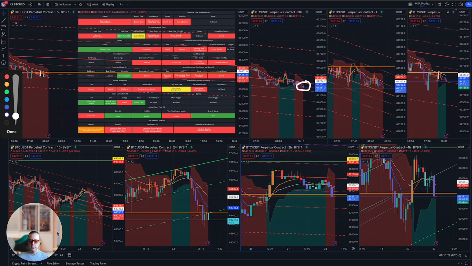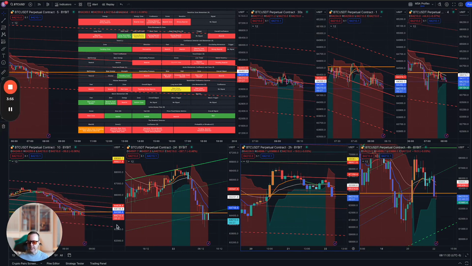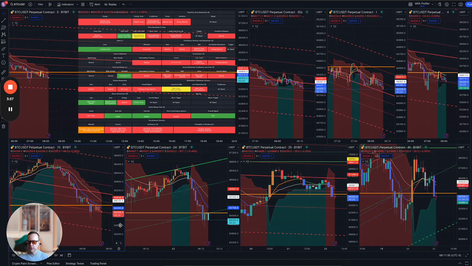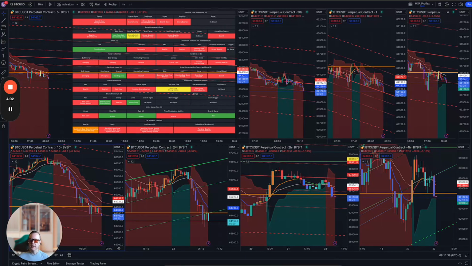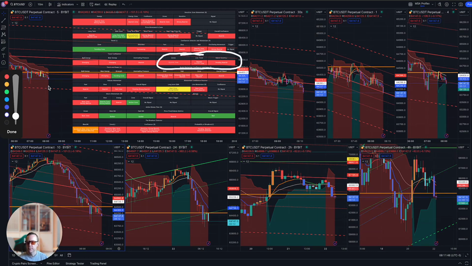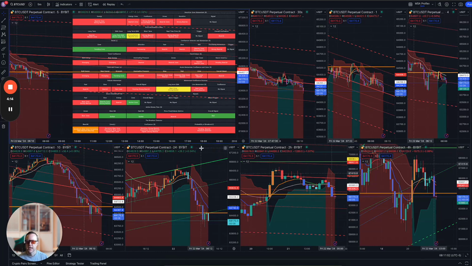So again, we're looking at all the different time frames to get an idea of what kind of energies we have, right? So I see a lot of cool things forming. I see confluence sniper here for the 5 minute, or trend sniper, going a bit bearish, which is cool. There's a line running through it, so I'll try to remove that. So yeah, you see all three of those going bearish.